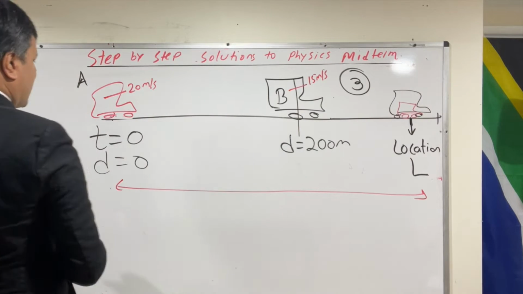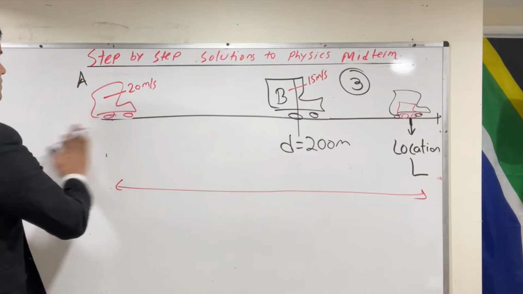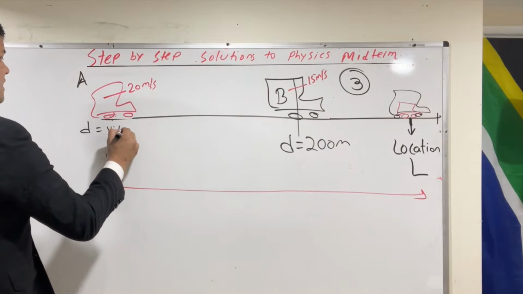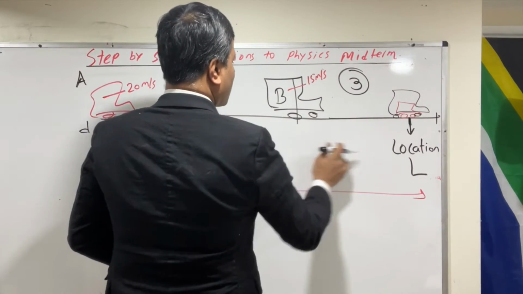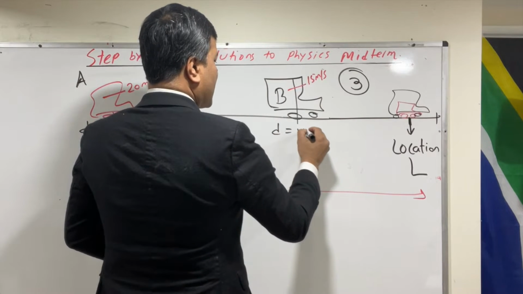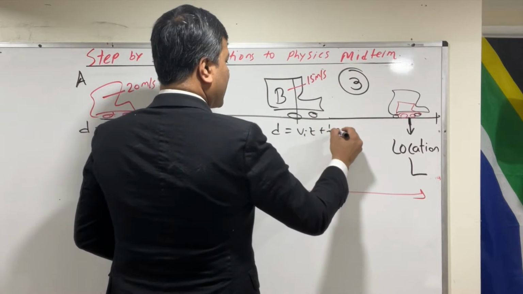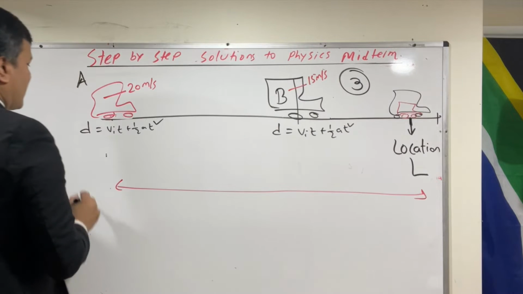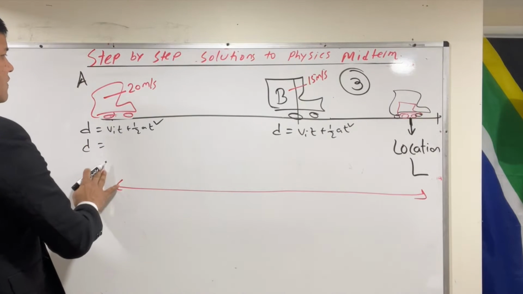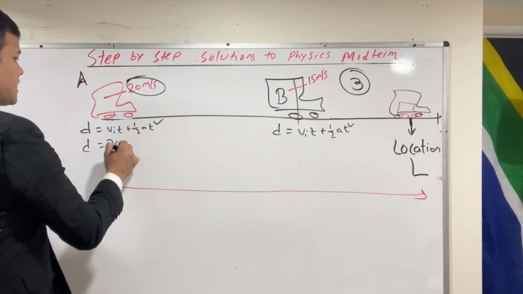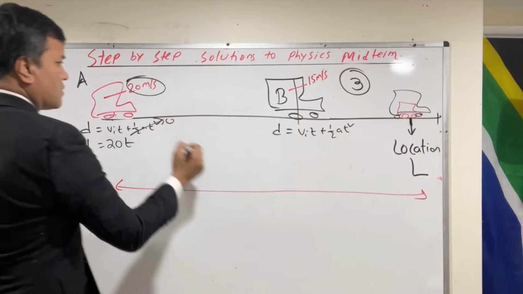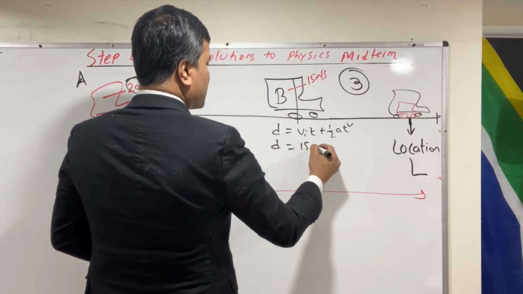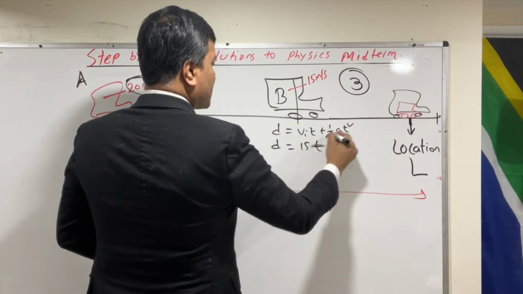Let's do this one first. D is equal to VIT plus half AT squared. Now this D is equal to VI is 20 meter per second, T, this is 0. And D is equal to 15 meter times T, this is 0.